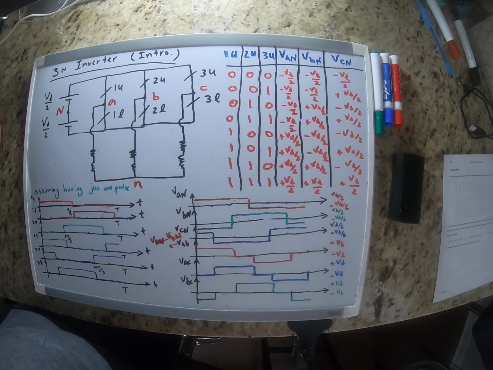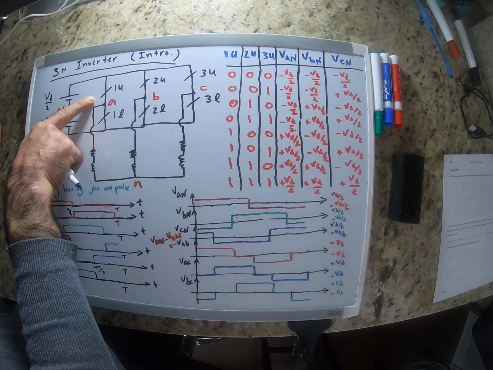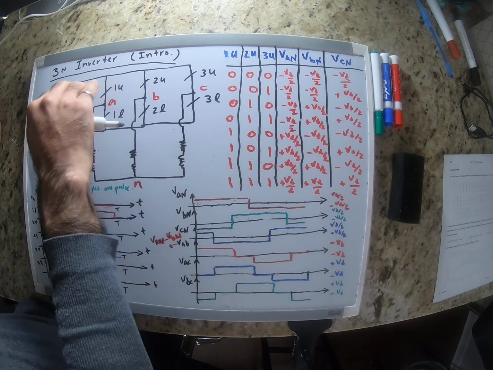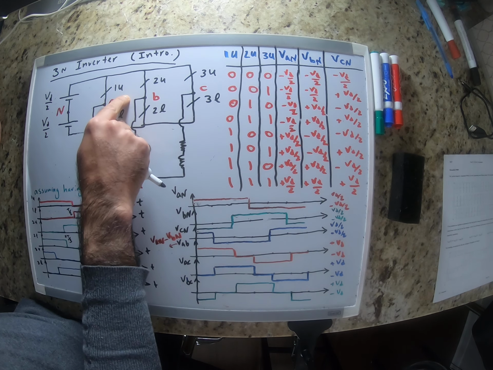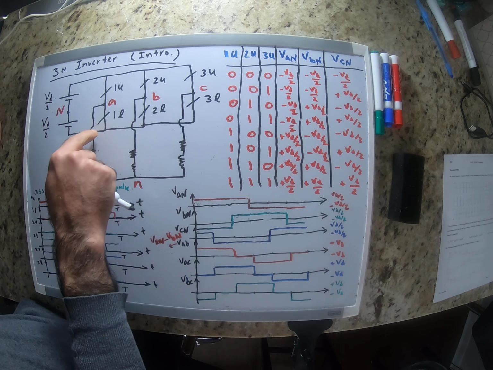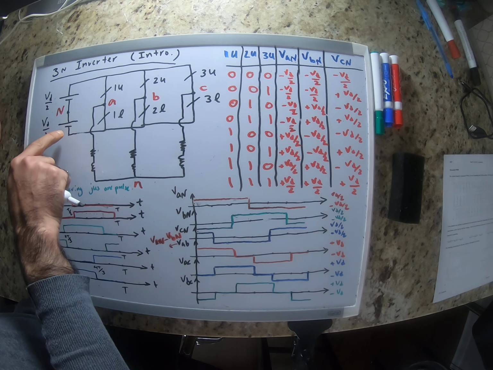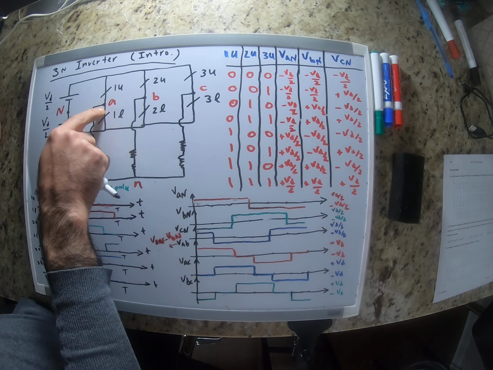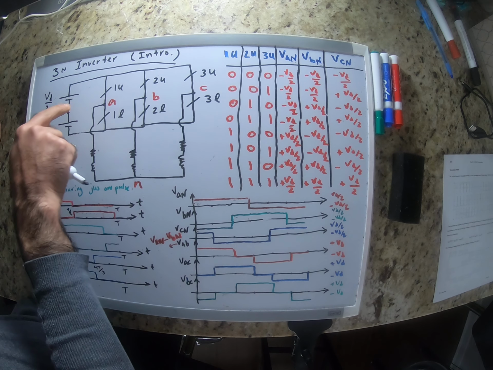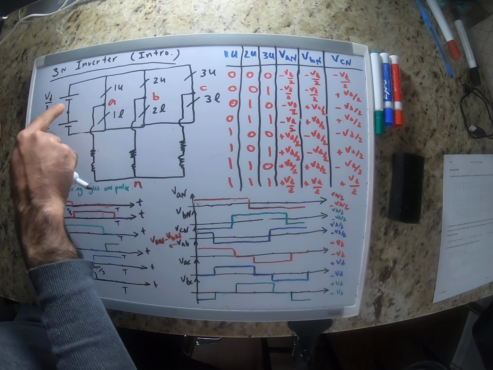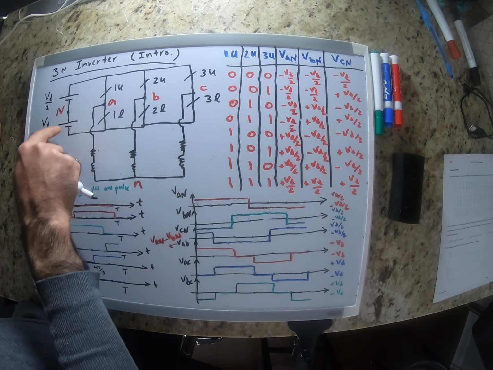In the first one, we have upper level switches off. Let's look at phase A. It would get connected to the neutral point, because the lower level switches are on, so the voltage of phase A versus the neutral is going to be negative VD over 2, because this is how they get connected.